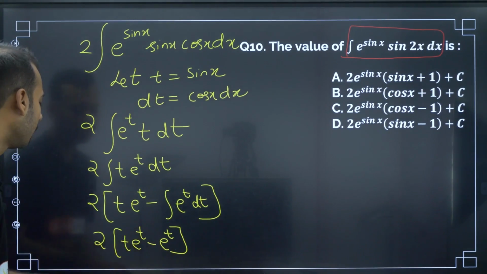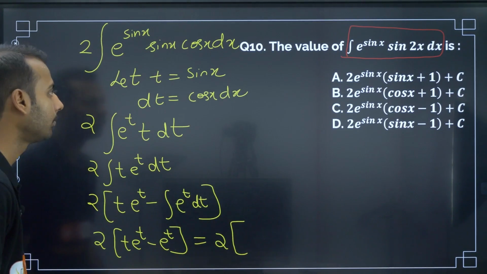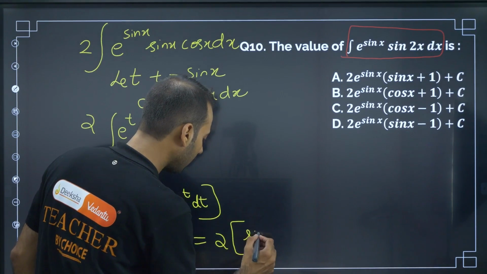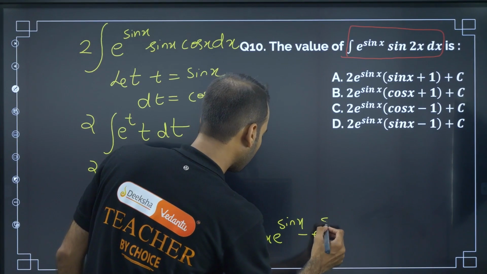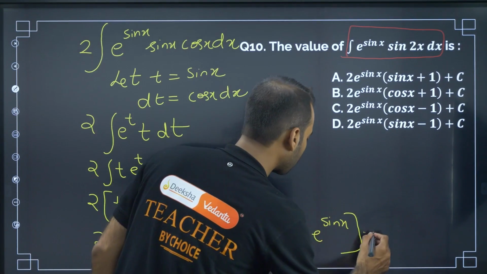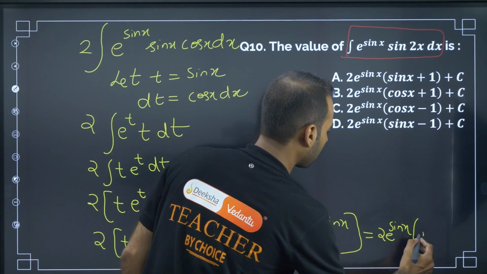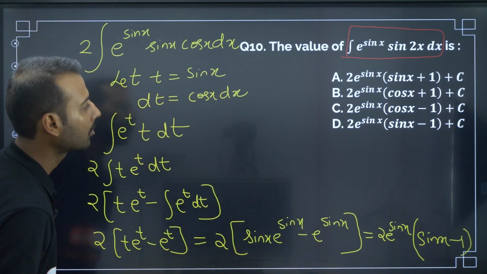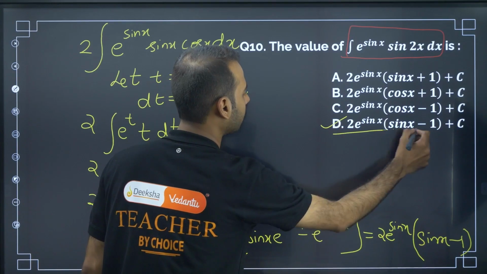In place of t, I have to write sin x: e raised to sin x minus e raised to sin x. If I take e raised to sin x common, 2 e raised to sin x, sin x minus 1. So D is the answer.